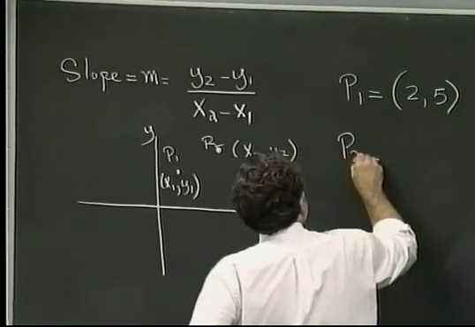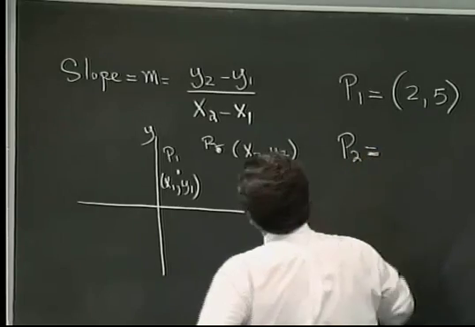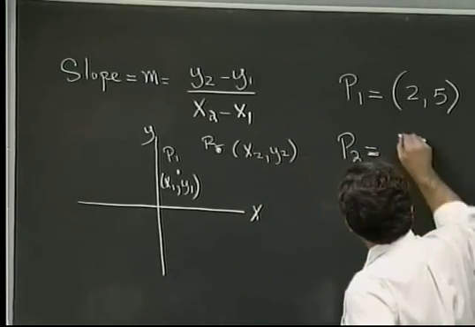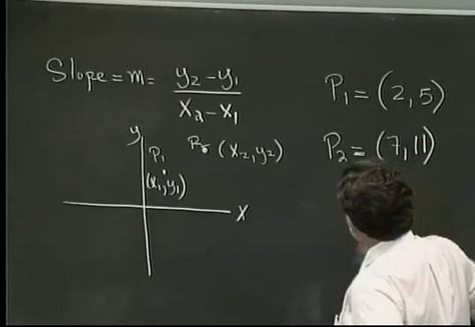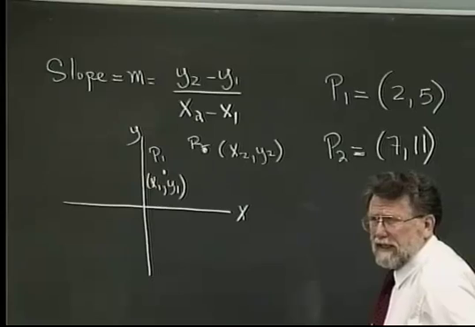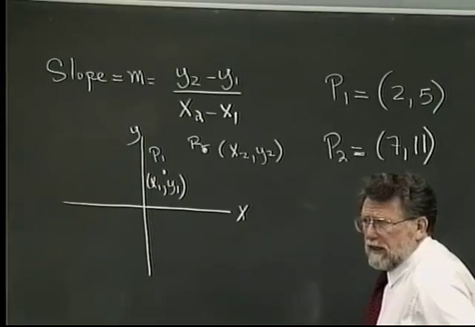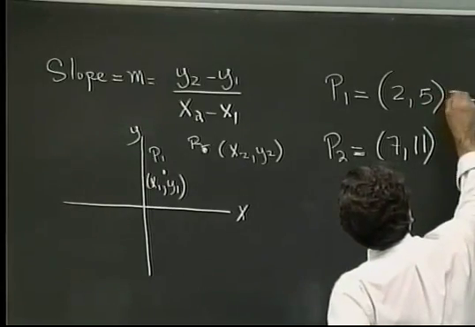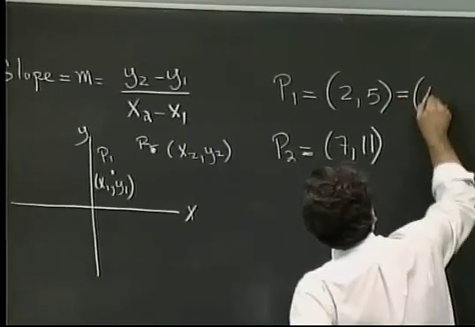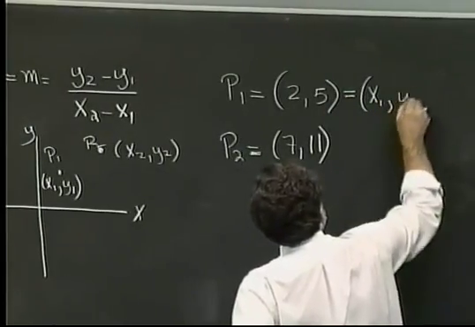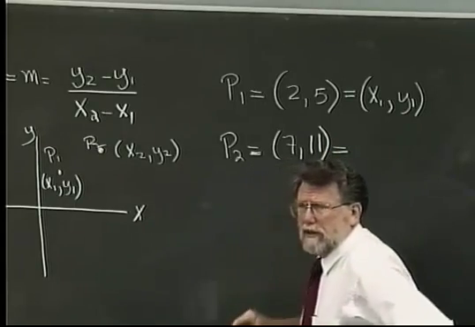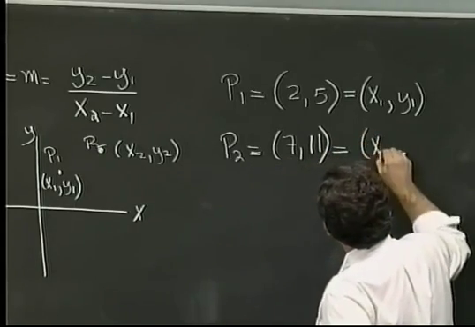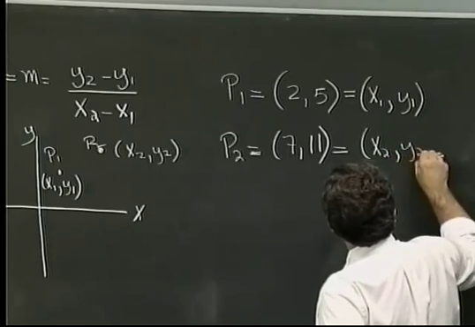And point 2 is going to be defined by the ordered pair 7, 11. So 2, 5, 7, 11. Now with the notation, I've argued this will become x sub 1, y sub 1. Because I've defined this point to be point 2, it is x sub 2, y sub 2.